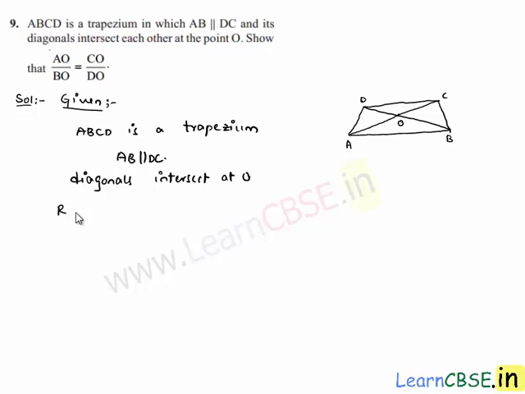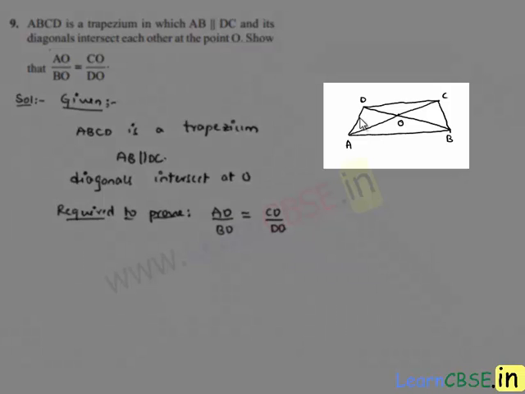Now we are required to prove that AO by BO is equal to CO by DO. In order to prove this, let us join OE such that it is parallel to AB.